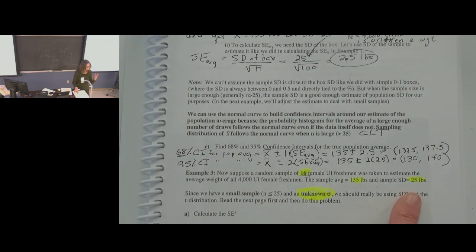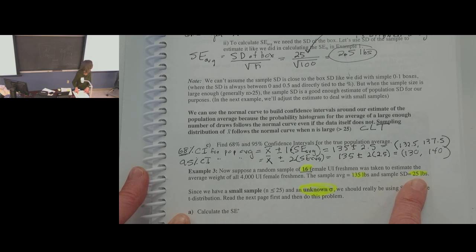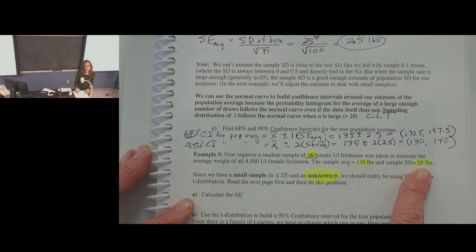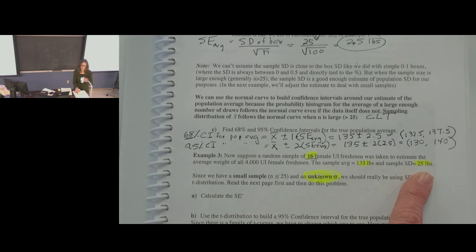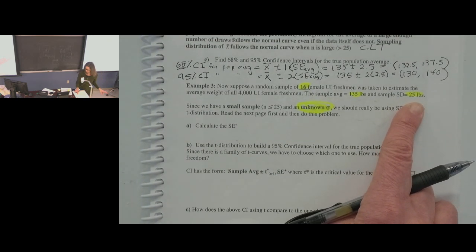So you get a standard deviation that's an underestimate. So what we do is, when you take the deviations and take their average, instead of dividing by n, you divide by n minus 1.